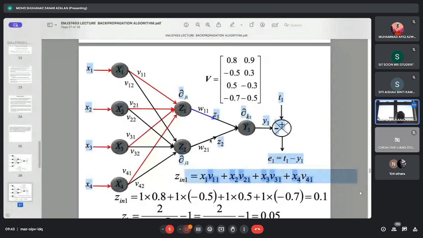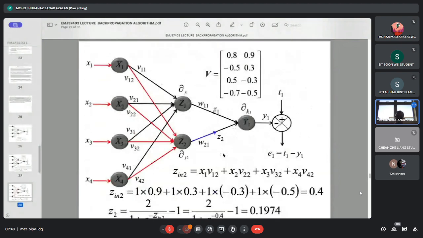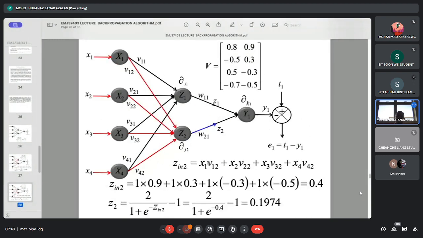Here it's still the same operation, but this time for Z2: X1 times V12, X2 times V22, X3 times V32, X4 times V42, sum up, and then again calculate Z2, the output of the hidden layer, and we got 0.1974.